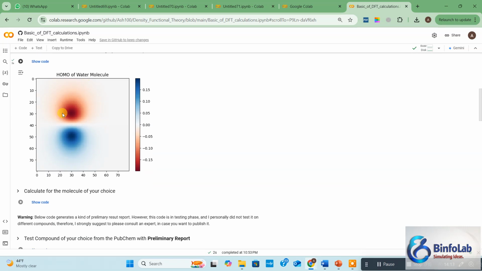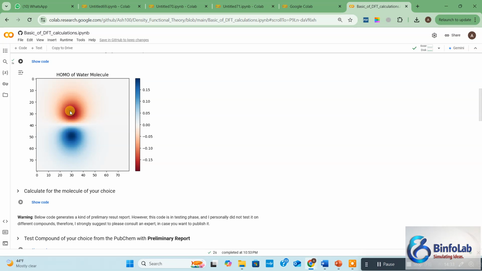At this stage, you need to just understand the structure. This is the legend. Blue is the positive, and red shows the negative value, and the colors represent the electron density.